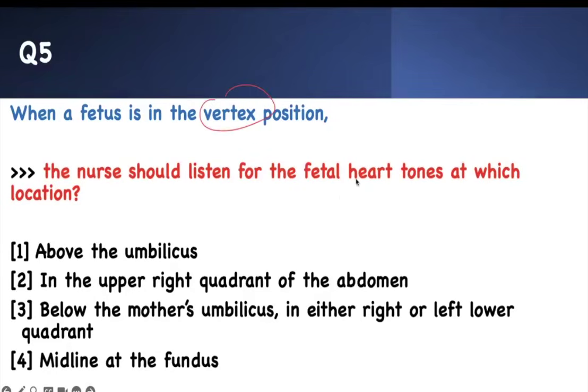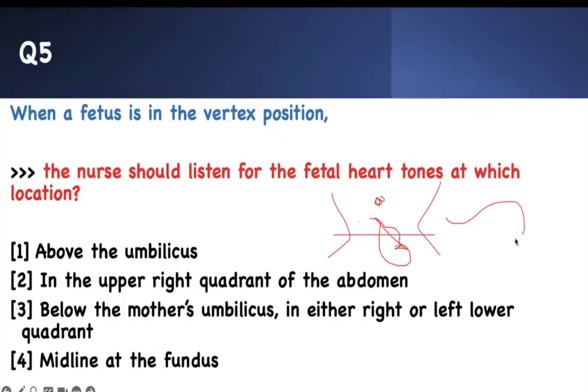Baby is in vertex. That means this is the mother, the baby, and the umbilicus is here. The baby's head is here, like that. The baby's head has to be down. The baby may be lying down, it can be any position, so long as the baby's head is way down here. Therefore, it's 99% below the umbilicus.